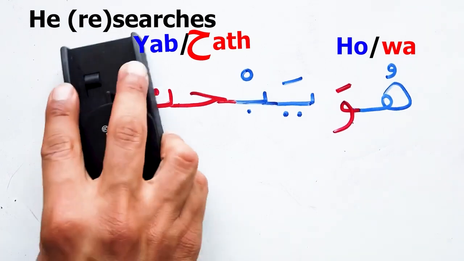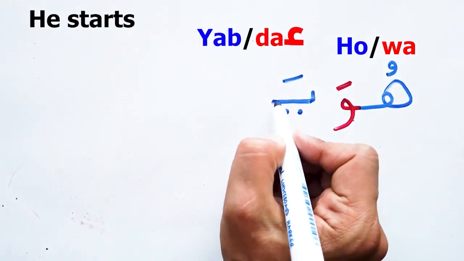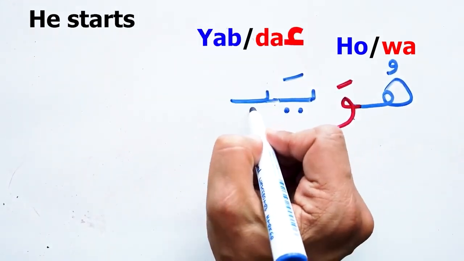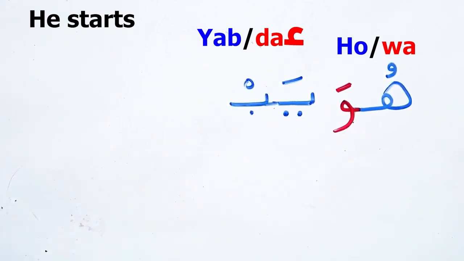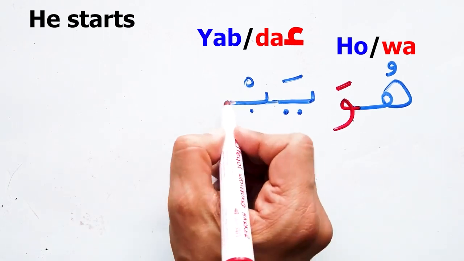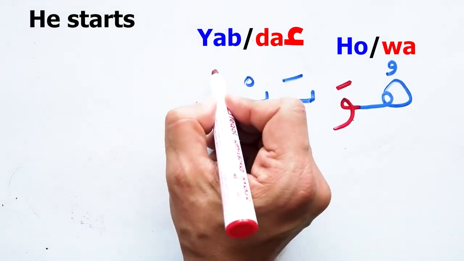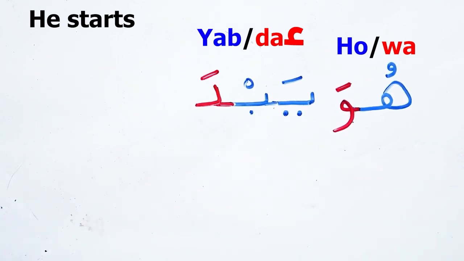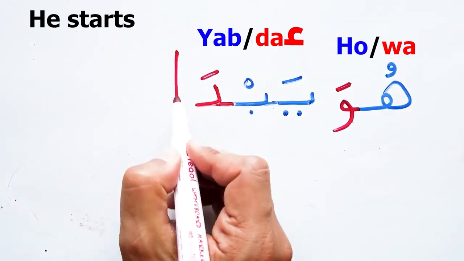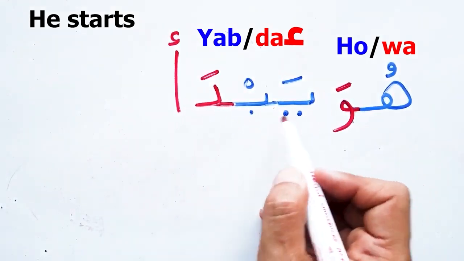Another word. هو يبدأ. I shouldn't have deleted this letter because it's the same one. يب. The sound of D, right? So we have dal, يبدأ, and here the sound of A, fatha. This sound in the end is the alif. يبدأ.